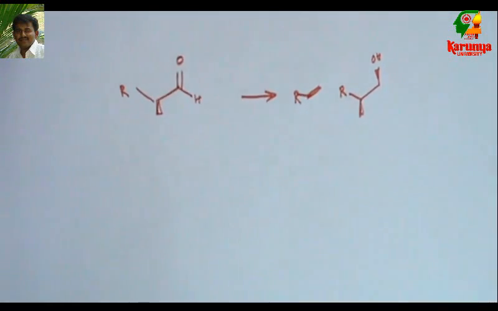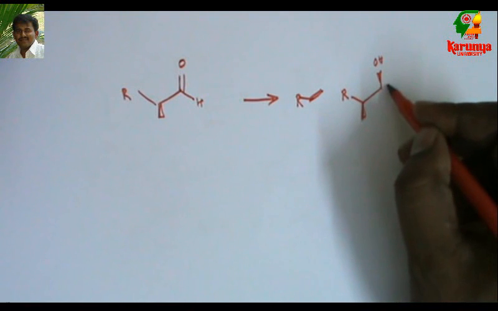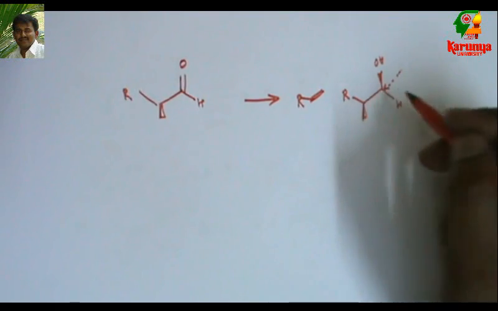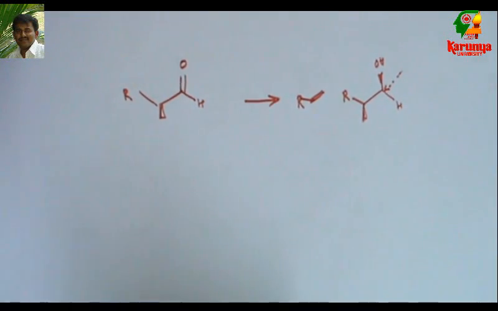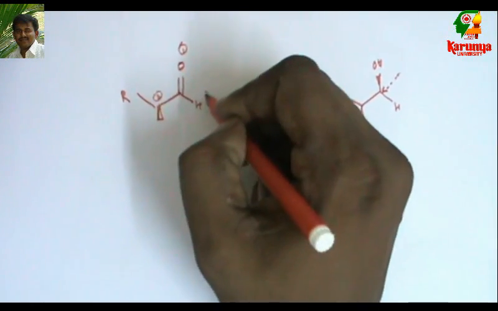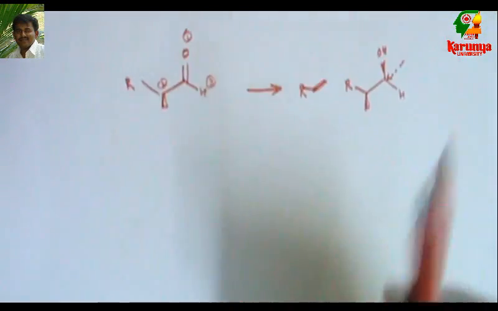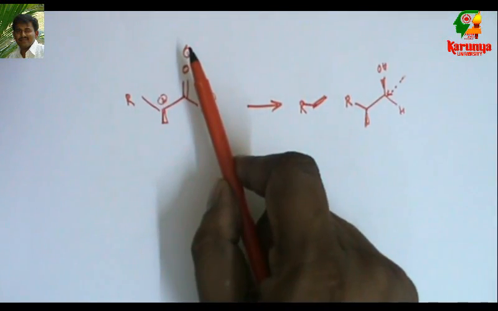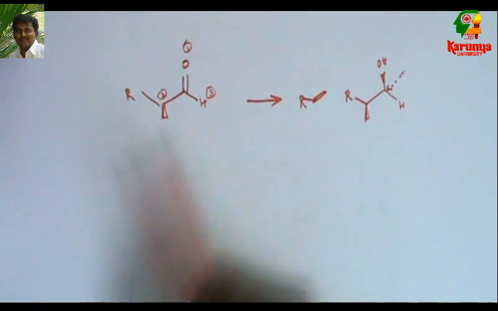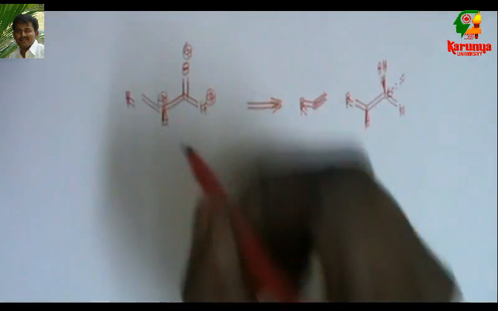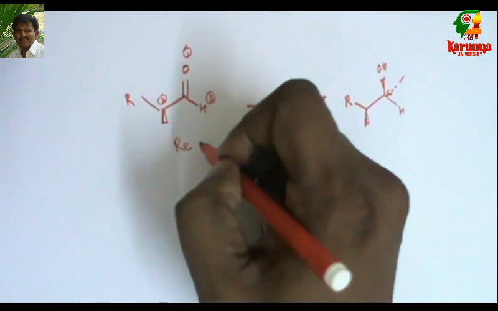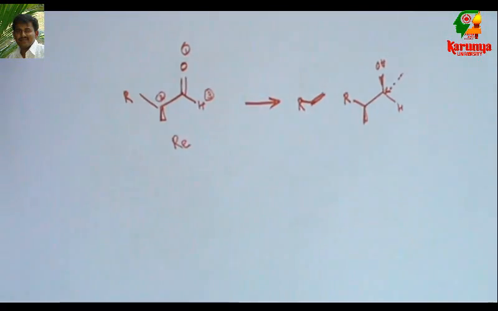Since the OH is coming towards us, the nucleophile would have attacked from the back side. So what face is that? If you view this from the bottom, 1 will be on the top, 2 will be towards your right-hand side, 3 towards your left-hand side. So that is a clockwise direction. So Re face.